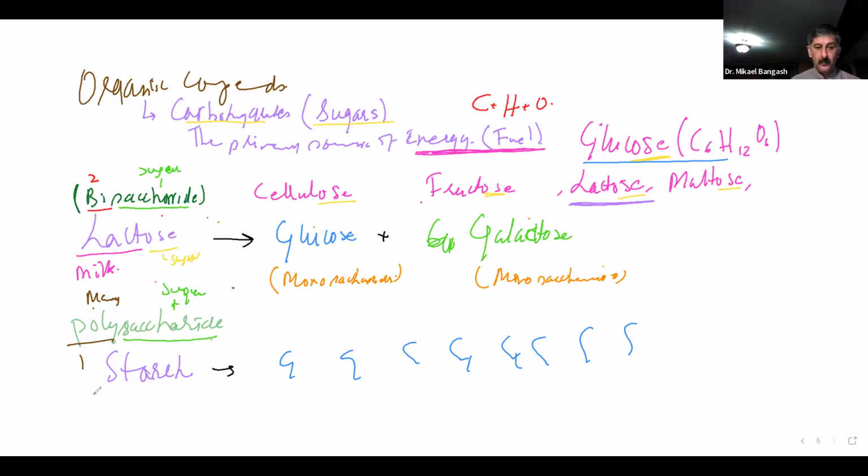So literally, a starch is just a lot of glucose molecules bound together. So when the starch is broken up, it will release a lot of glucose. Did you guys get that?